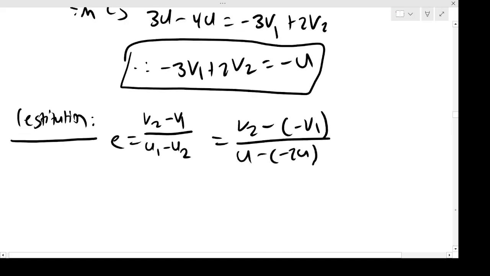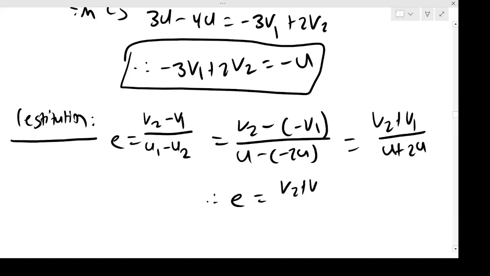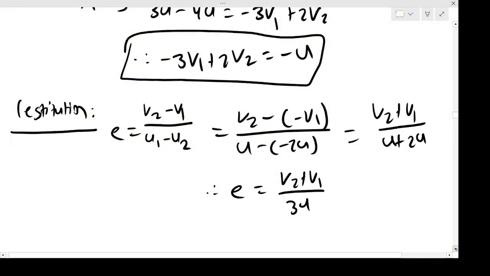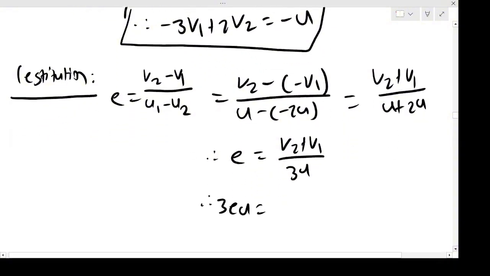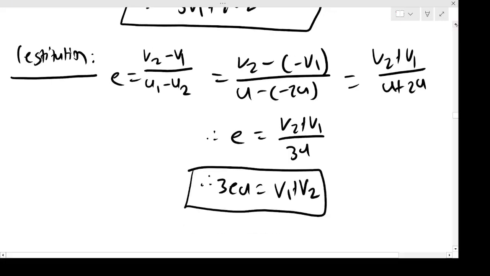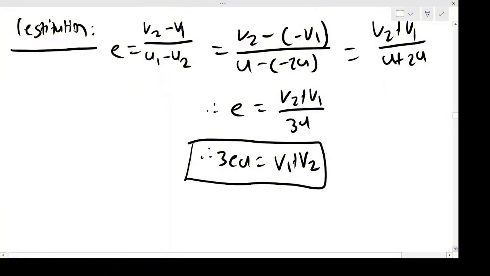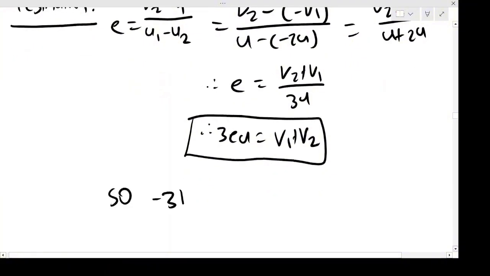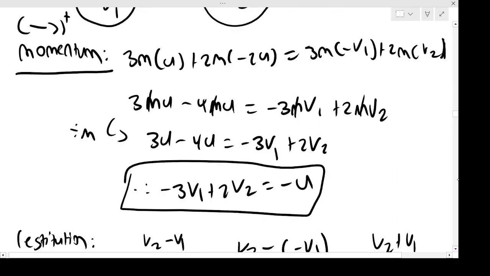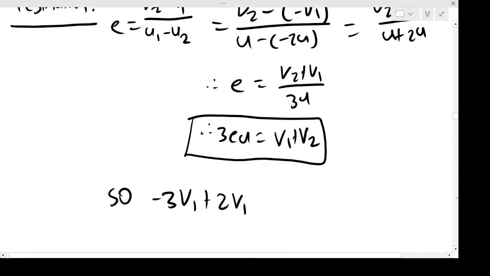Okay, so minus 2U as it's going backwards. So we can simplify this to V2 plus V1 over U plus 2U. Okay, and so therefore E will be V2 plus V1 over 3U. So we can cross multiply to get 3EU is V1 plus V2, and there we are. And so then I get these simultaneous equations. So if I rewrite them here, I have minus 3V1 and 2V2, was it? Yes, that's going to equal minus U.